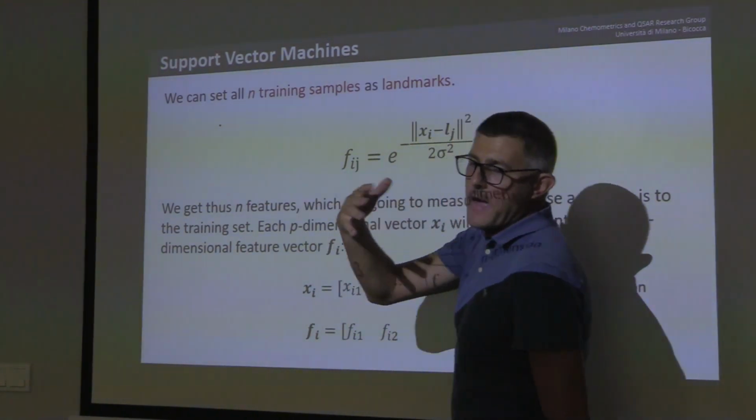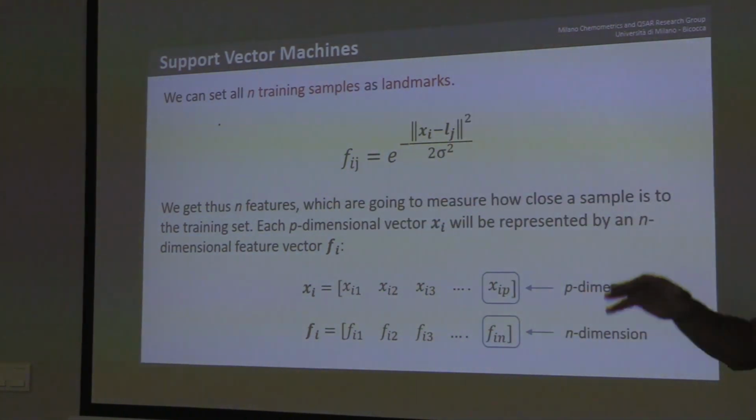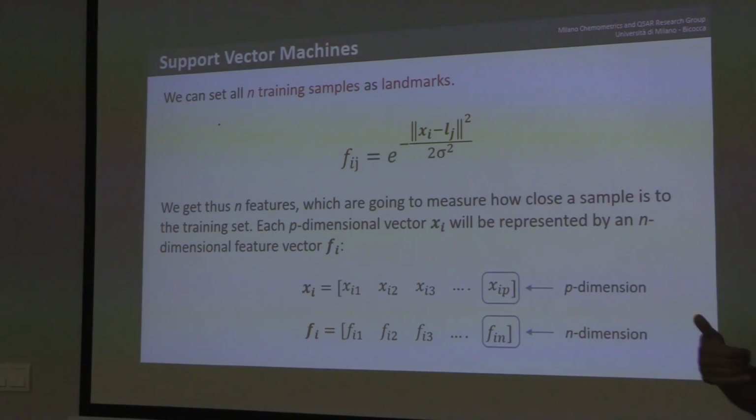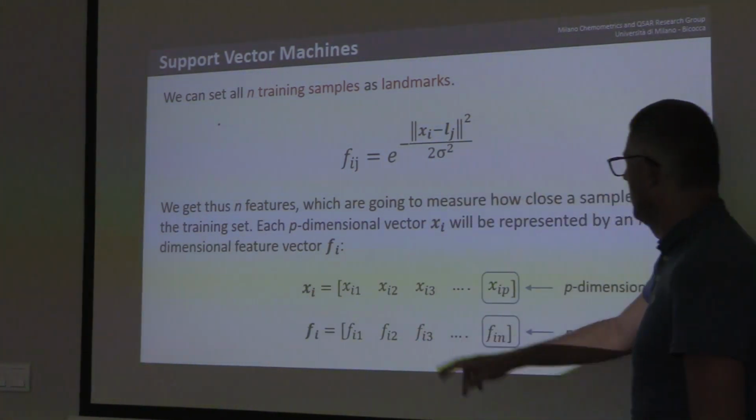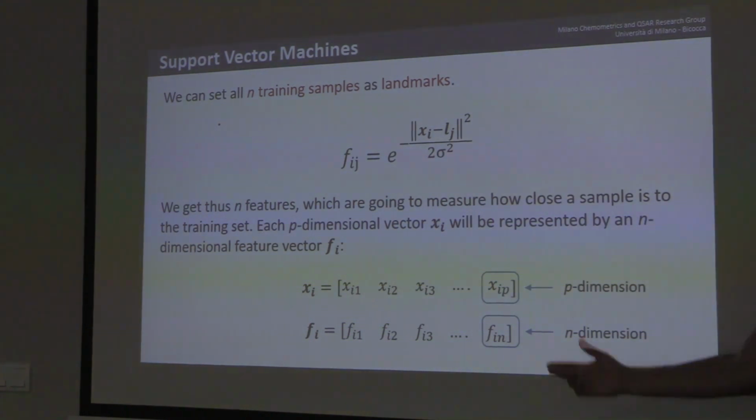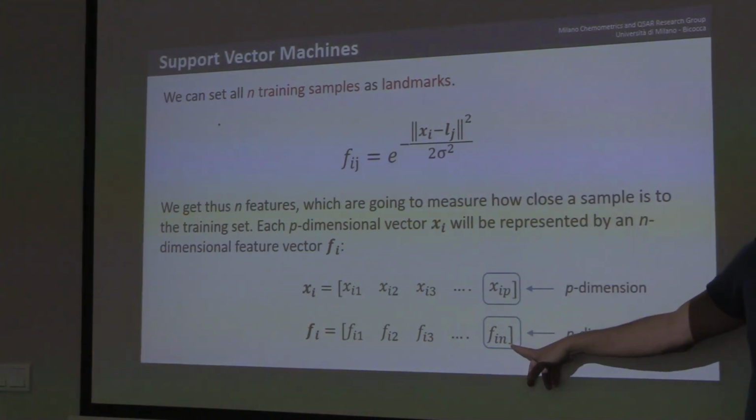So if I have 500 training samples, how many new features do I get? 500. And I will use those features to then calculate support vector machines.